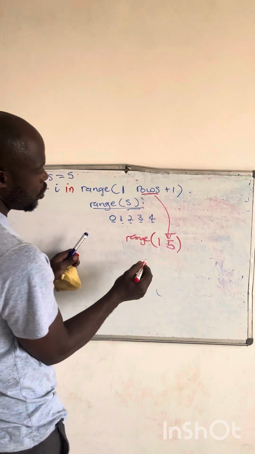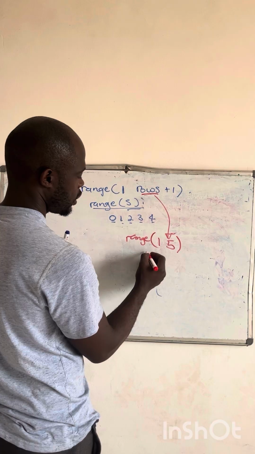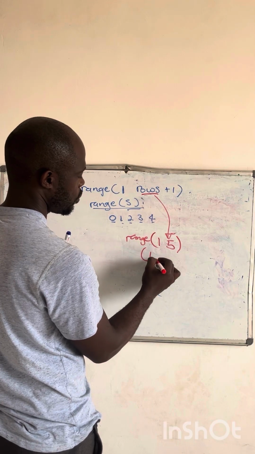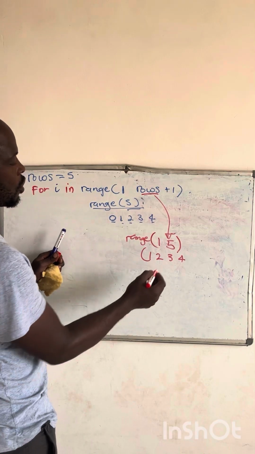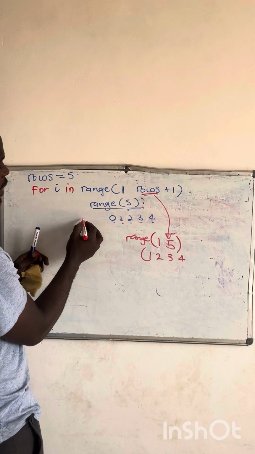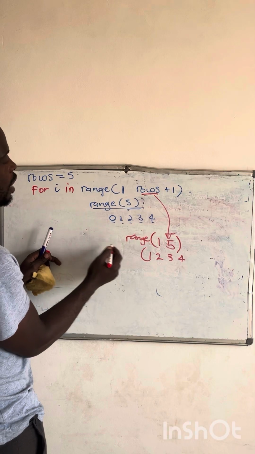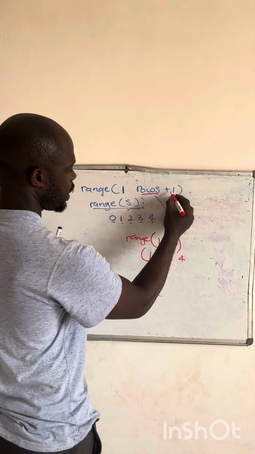I want to explain why we added 1 here. Remember we want the stars that we drew in the beginning to have 5 rows. That's why we added this 1 here.